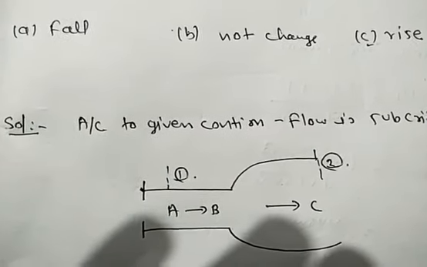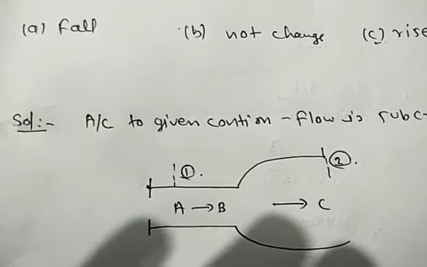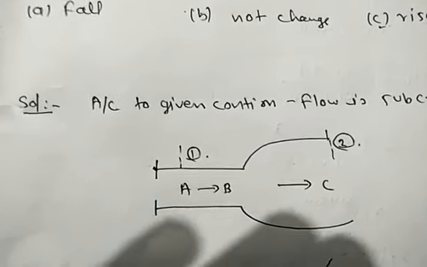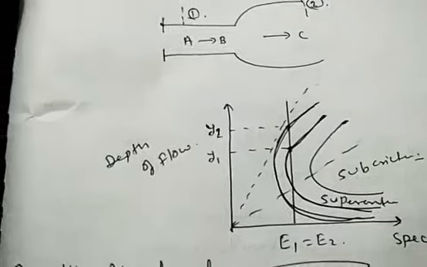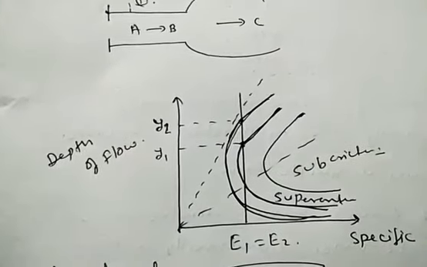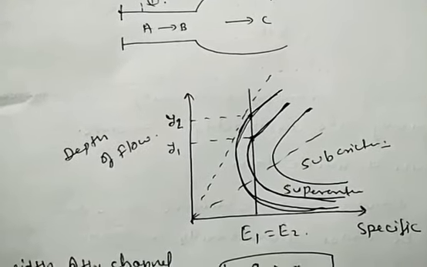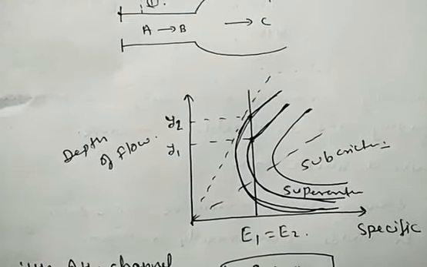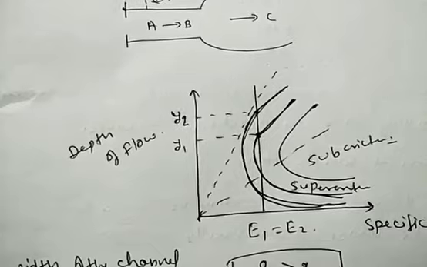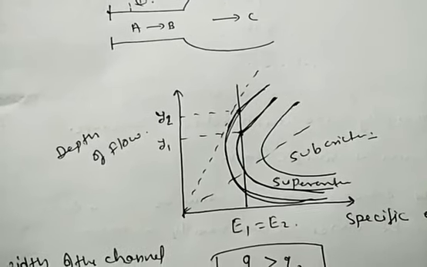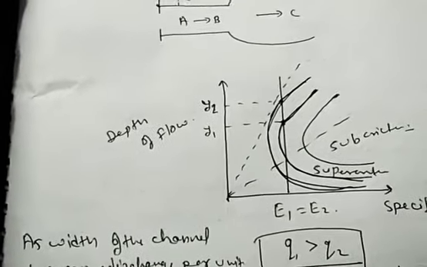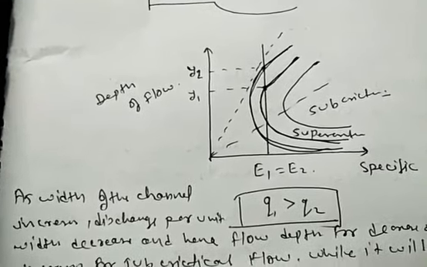According to this diagram, A is between cross sections 1 and 2. The depth of flow and expansion in this question involve supercritical and subcritical flow. y2 and y1 are the depths of flow, and specific energy E1 equals E2, as the width of the channel Q1 is greater than Q2.